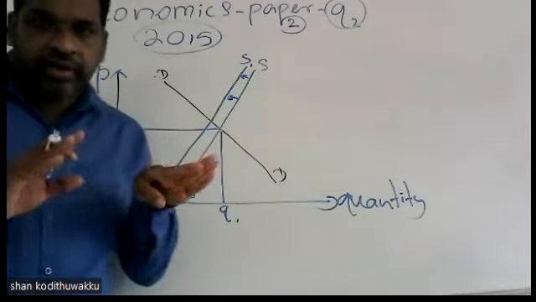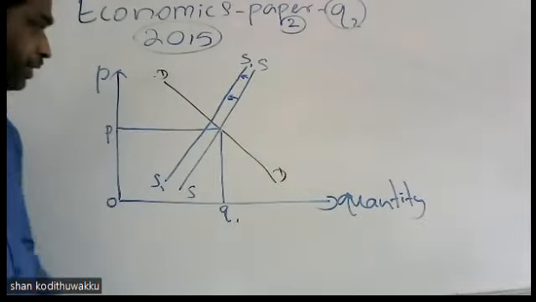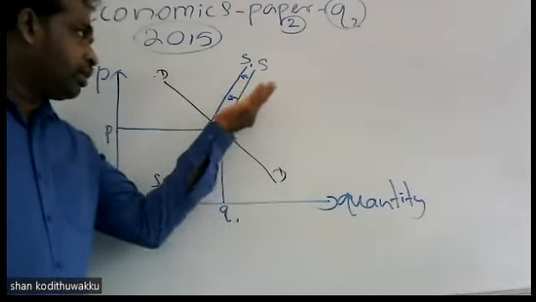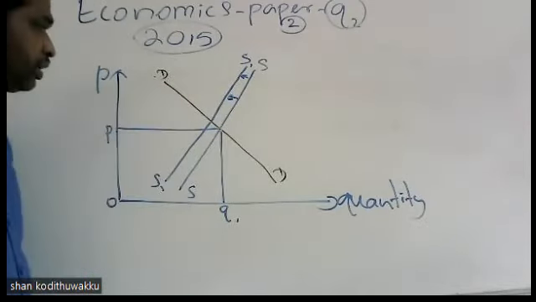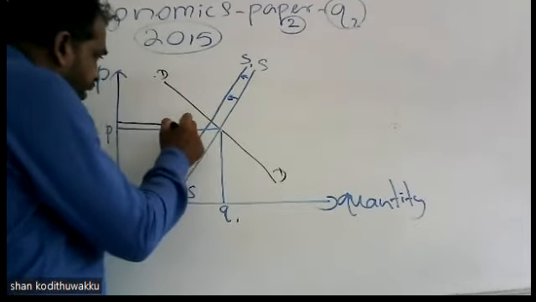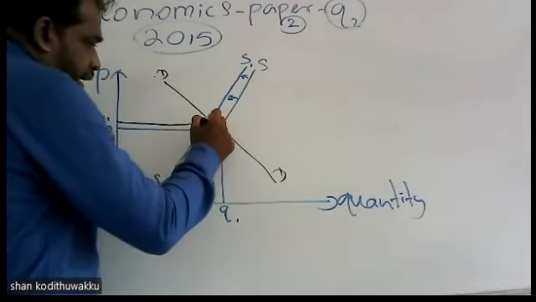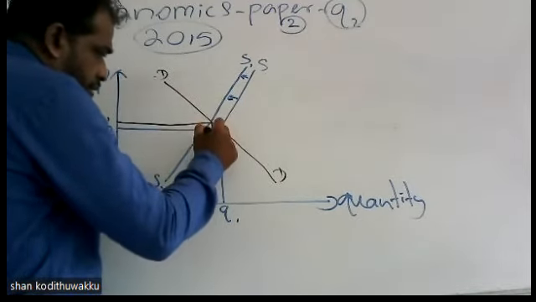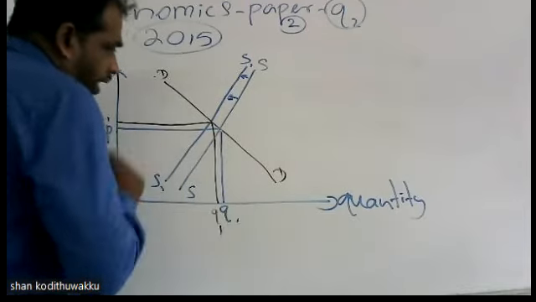Because of the specific unit tax, suppliers will reduce the supply. Therefore, our original supply curve will shift to the left. Then our new price will be like this, that is P1, and our new quantity will be like this. This is Q1.